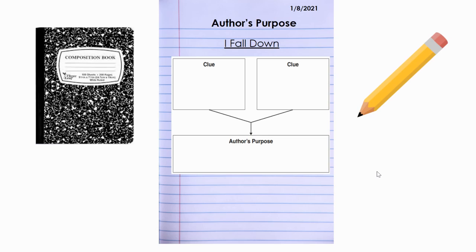Underneath those 2 rectangles, you will draw a longer, skinny one and label that one Author's Purpose. You can make these boxes as big as you need and take up the entire page if you would like. Just make sure you have enough room where you can write a sentence or 2 inside each of the boxes.